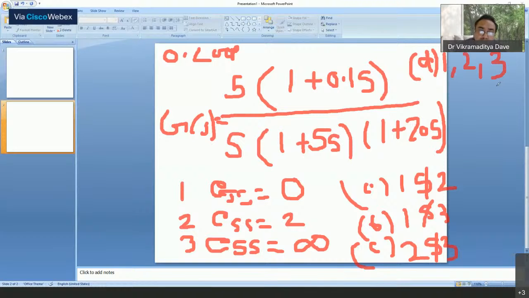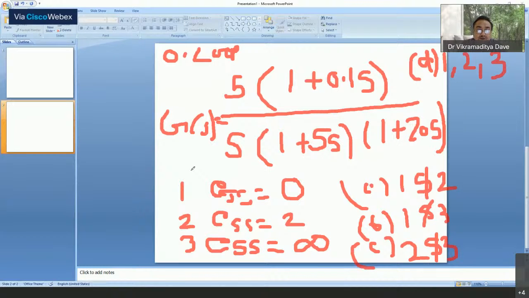So you know that first of all, whenever a question on steady state error is there, we talk about the type of the system. We have to find out what is the type of the system. How will you define the type of the system? Again, I am reiterating, the type of the system is defined as the number of poles of the open loop transfer function at the origin. So how many poles are located at the origin?